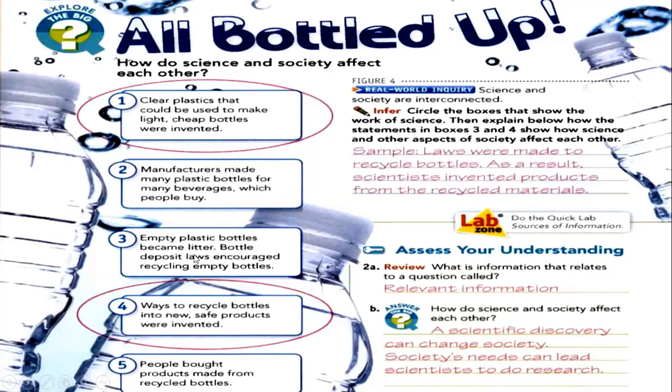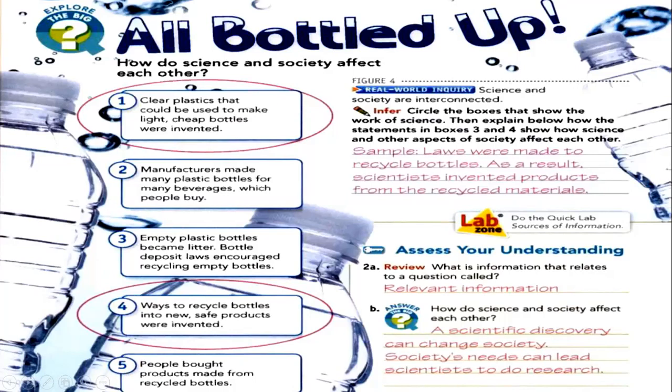Number 3, empty plastic bottles become litter, so bottle deposit laws encourage recycling empty bottles. Number 4, ways to recycle bottles into new, safe products were invented. Number 5, people bought products made from recycled bottles.